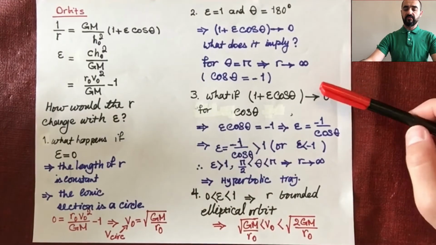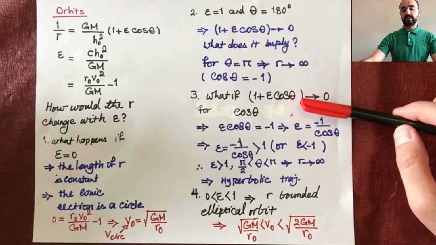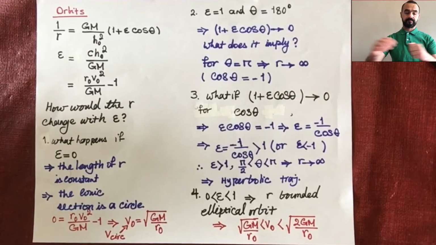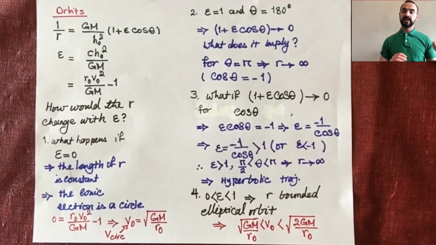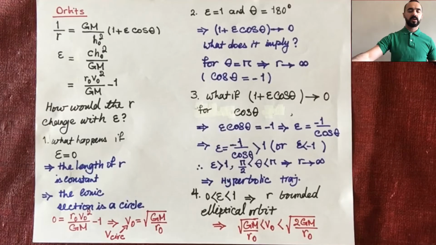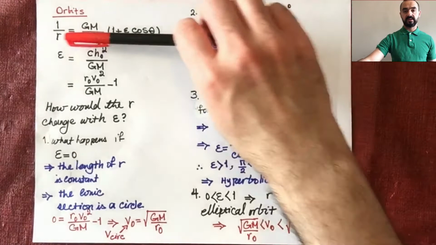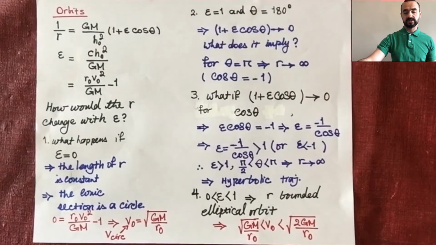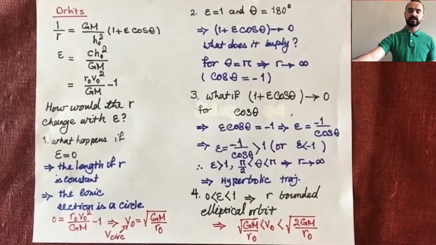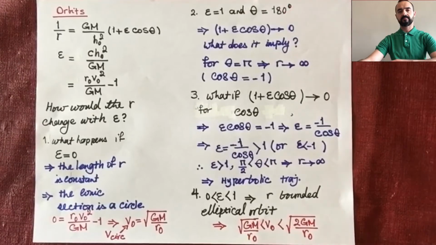Now what if 1 plus epsilon cosine theta goes to 0? In other words, we are interested in cases where r goes to infinity, the orbit is not closed, but theta is not necessarily equal to 180.